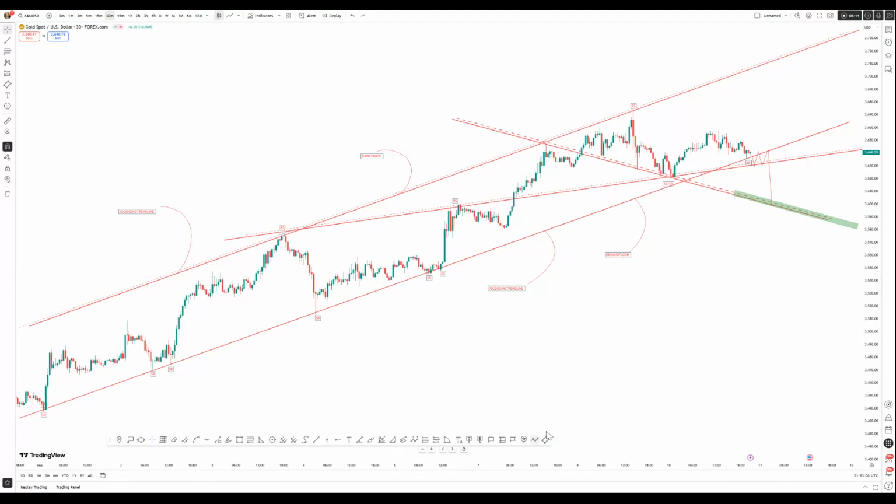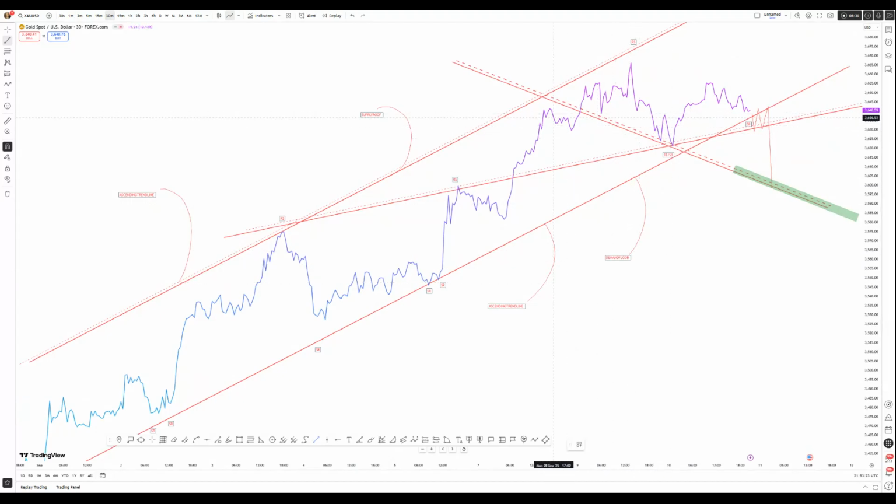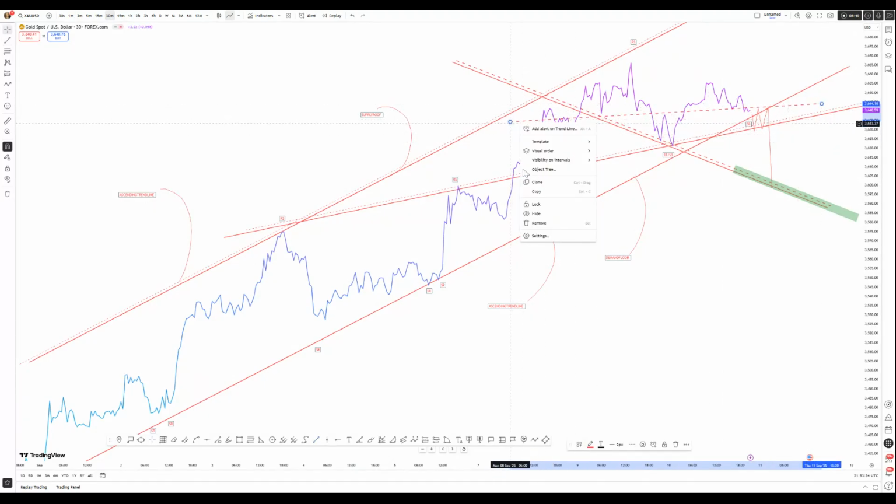And from where price is, there is a technical breakout on 30 minutes.